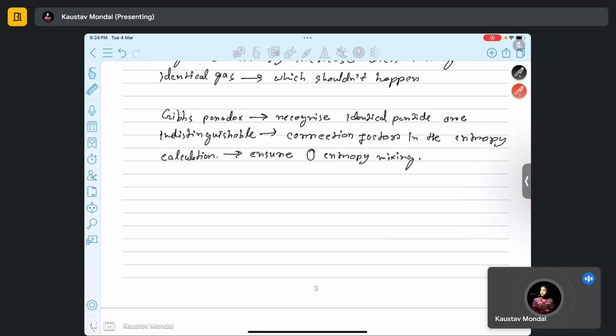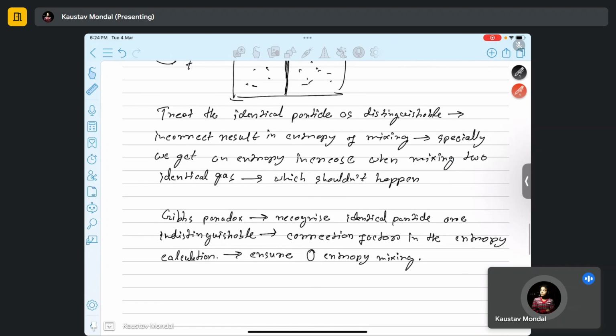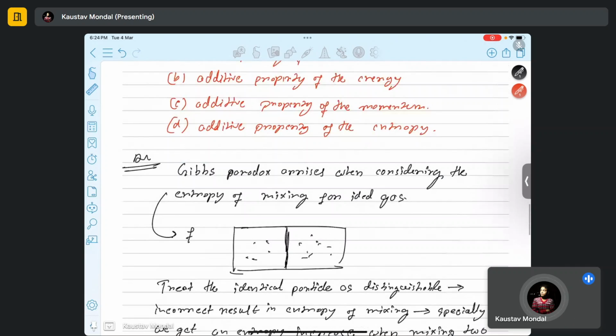Okay, so this is the case. That's the reason the Gibbs paradox is very much important.